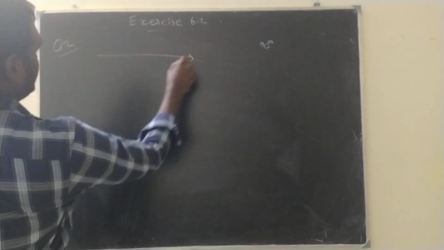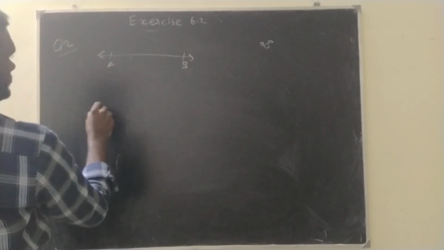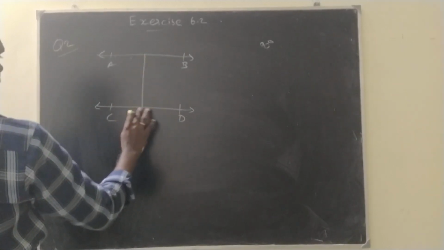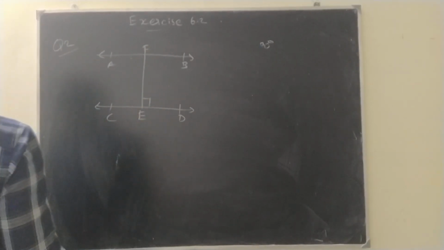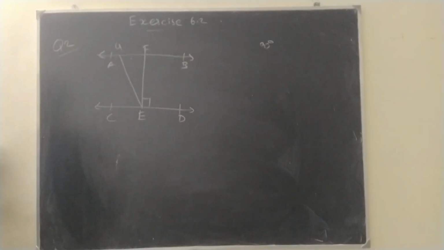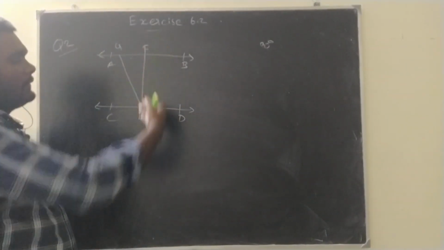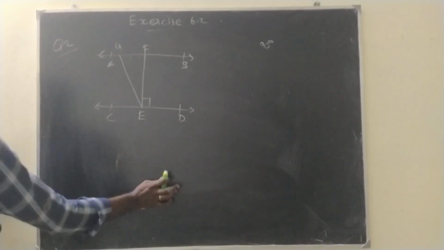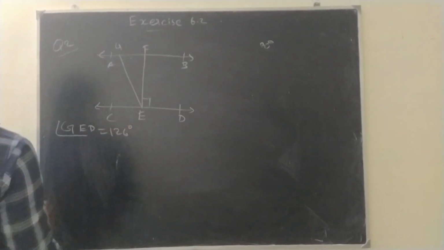In the given figure, one line is given, AB, CD, and here EF, somewhat it is joined, it is G, and they have given that AB and CD are parallel, and this EF is parallel to CD, perpendicular to CD, and the angle GED is 126 degree.